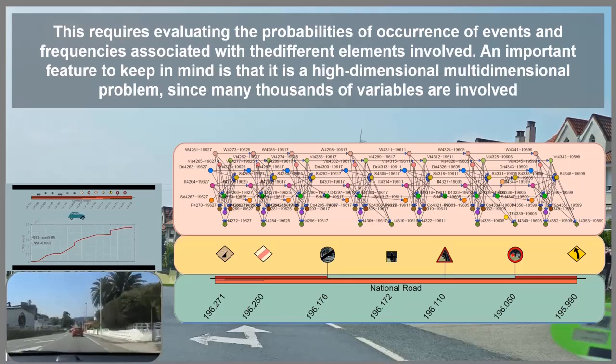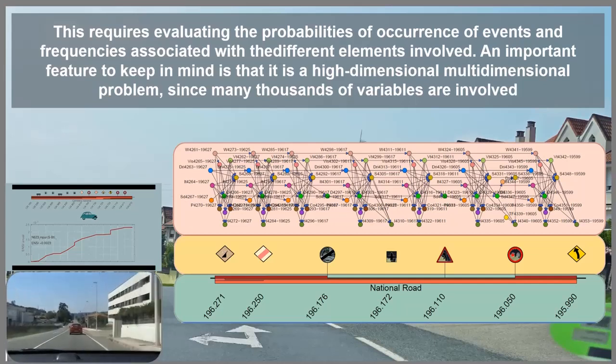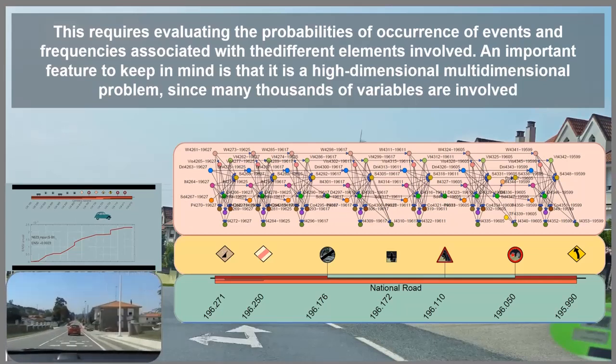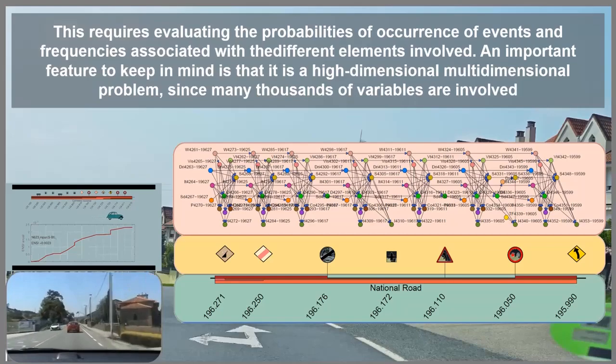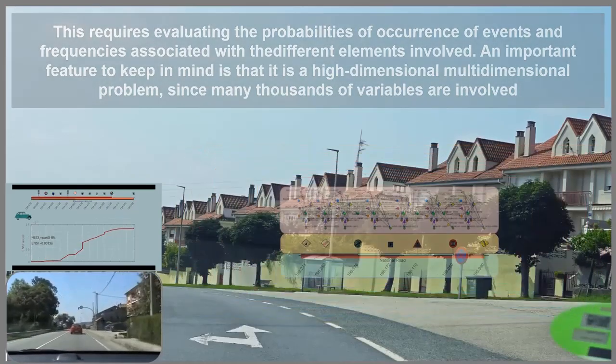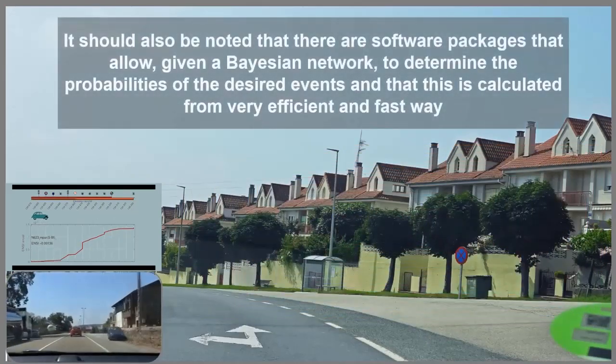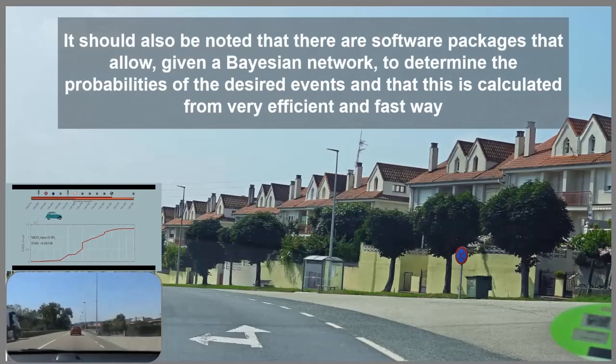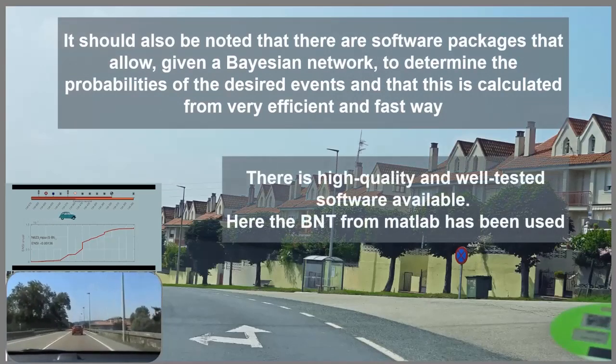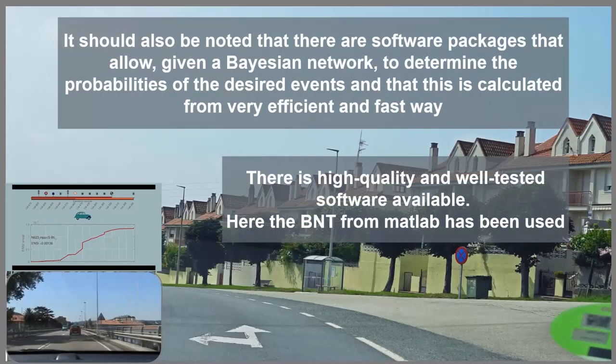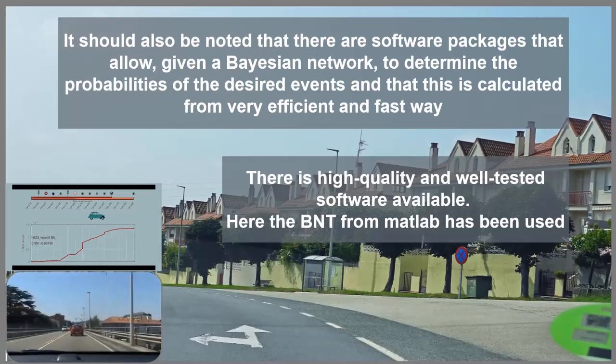An important feature to keep in mind is that it is a high-dimensional multidimensional problem, since many thousands of variables are involved. It should also be noted that there are software packages that allow, given a Bayesian network, to determine the probabilities of the desired events, and that this is calculated in a very efficient and fast way.